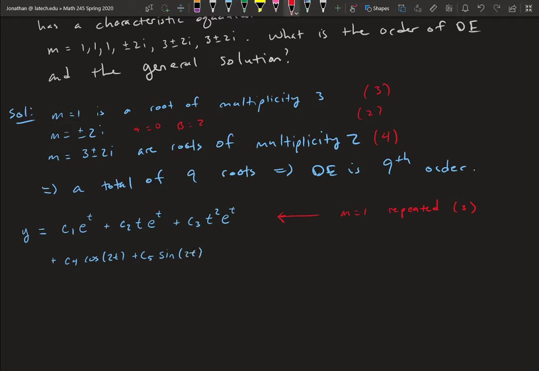And that line takes care of m equals plus or minus 2i.